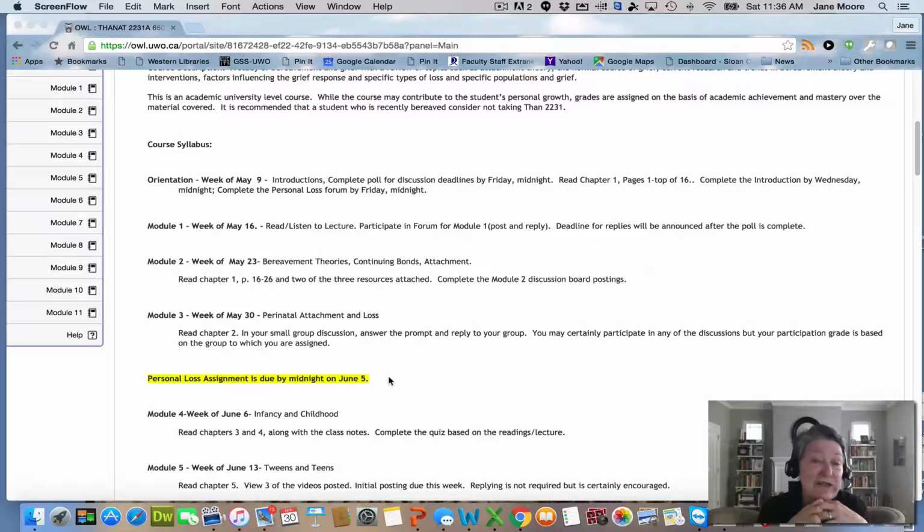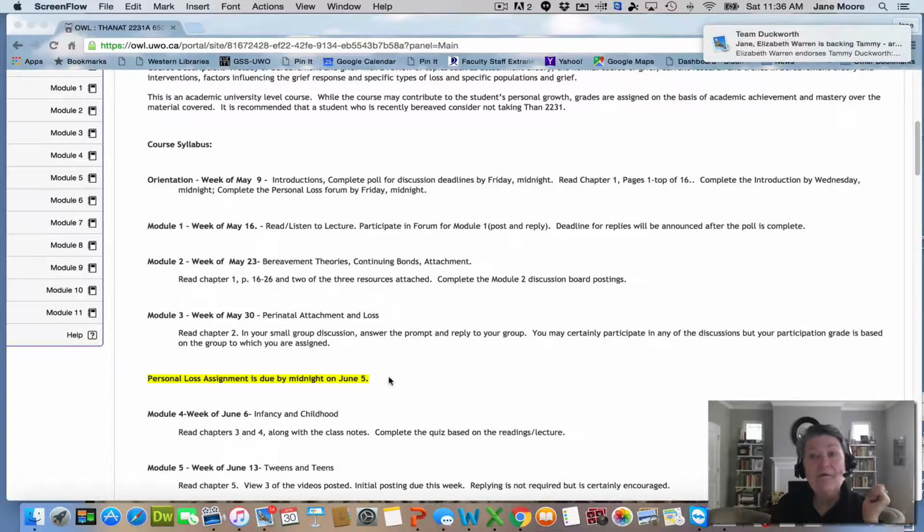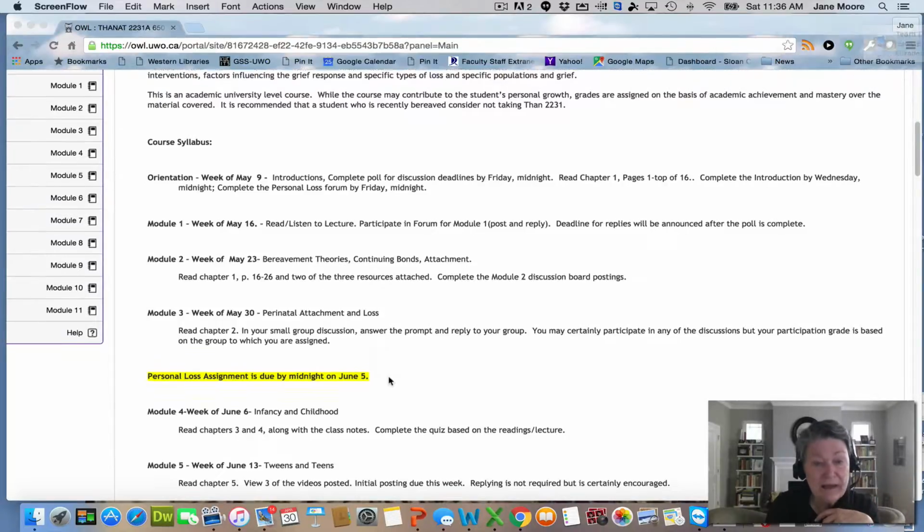A reminder here in yellow is that your personal loss assignment is due by midnight on June 5th, and I will show you that in the orientation where the assignments are located and hopefully be able to explain that further for you in that section.